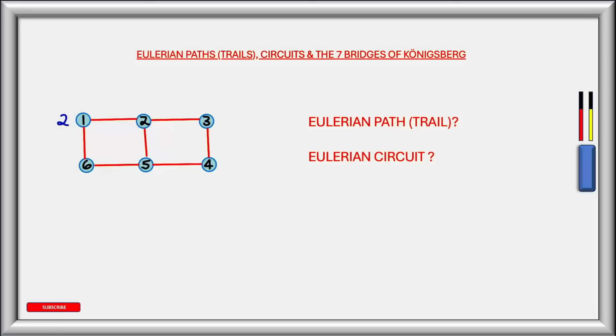Vertex 1 has a degree of 2, vertex 2 has a degree of 3, vertex 3 has a degree of 2, and vertex 4 has a degree of 2. Vertex 5 has a degree of 3, and vertex 6 has a degree of 2. So we have 2 vertices with an odd number of degrees, and all the rest have an even number of degrees. So that tells us that it's an Eulerian path or trail.